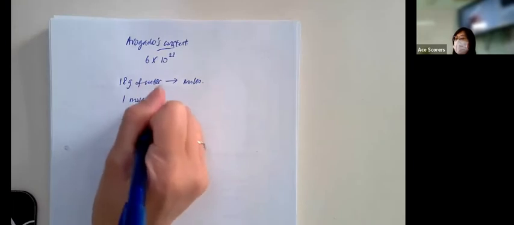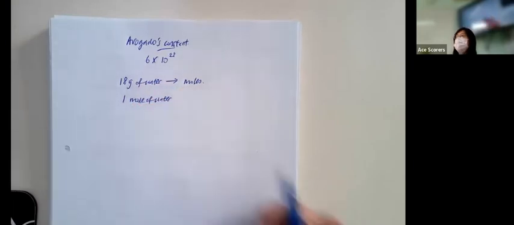So the question is, what is a mole? A mole is a quantitative symbol, or you can call it a collective noun, to measure the substances that we have in chemistry. So let's say I have 1 mole of water. How do I convert to moles?